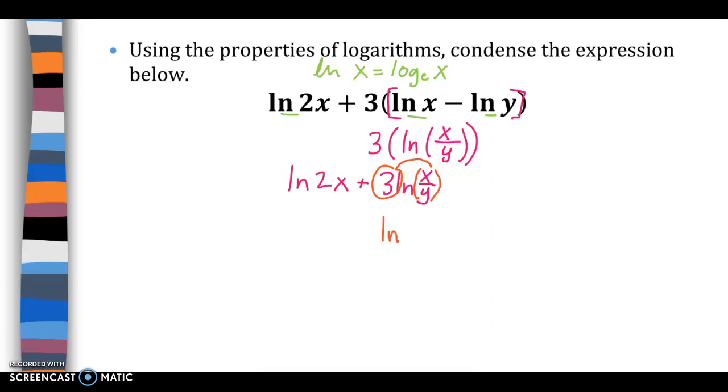So this is the natural log of x over y cubed, which we can also rewrite as the natural log of x cubed over y cubed. Now remember, we are still adding the natural log of 2x on the front of that. This is just carried down.